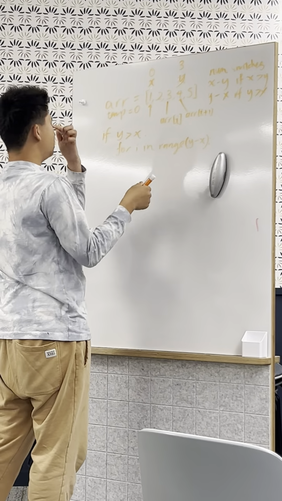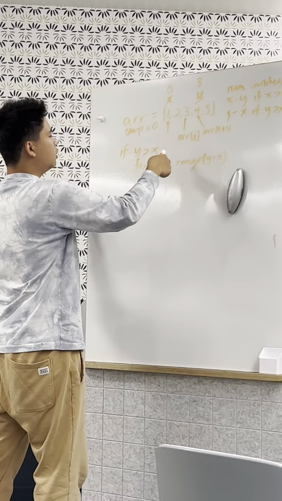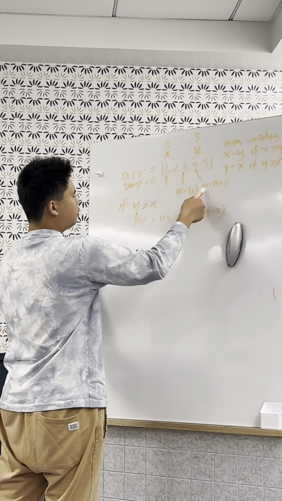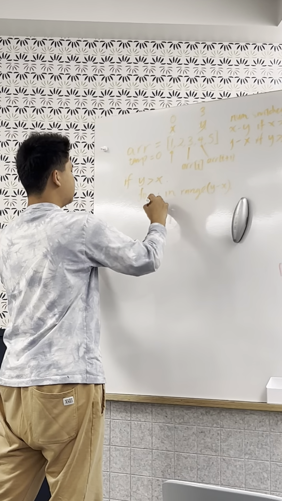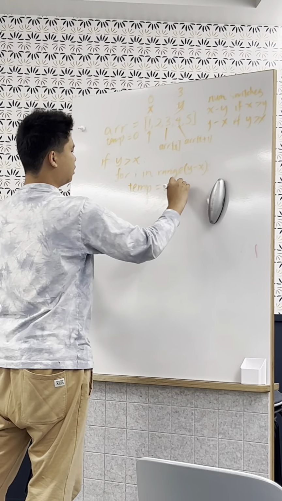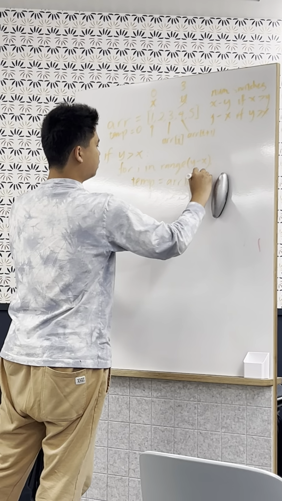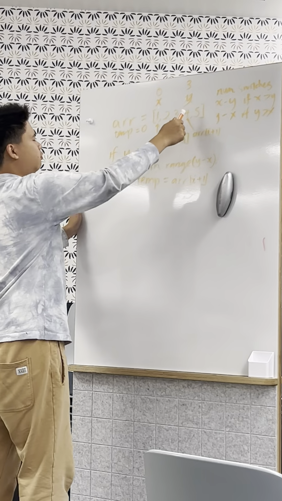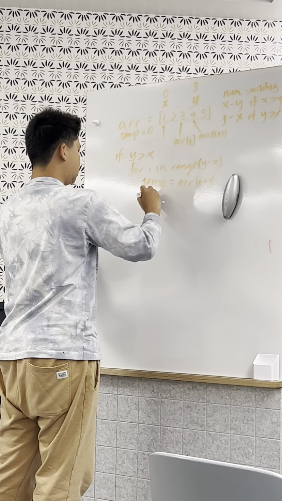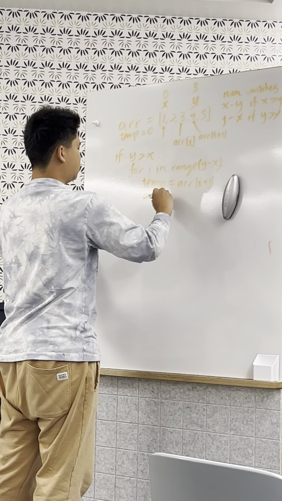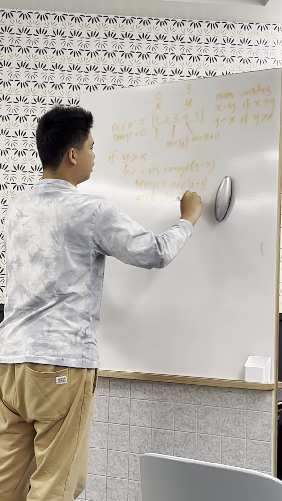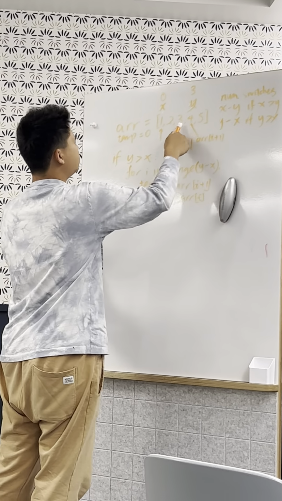What you want to do is use a temp variable to store the content of array of i plus 1, and then make array of i plus 1 the value of array i. So temp equals array i plus 1. Basically, you're now storing 4 in temp, and now you want to make array of i plus 1 the value of array i. Basically, you're just moving 3 to 4.